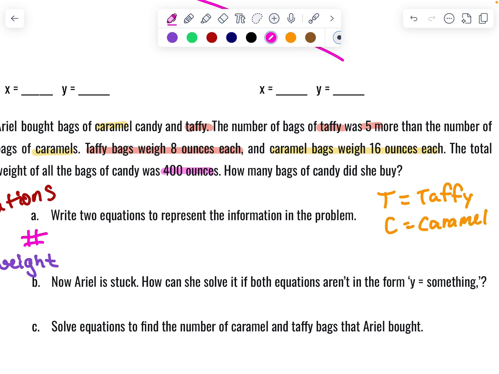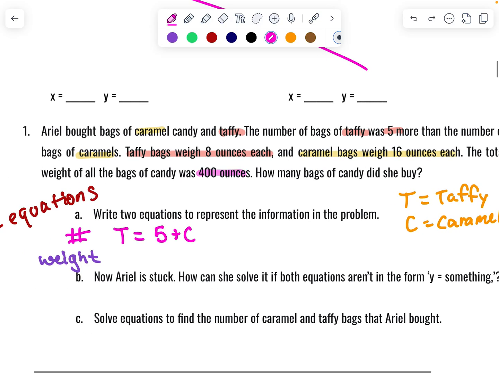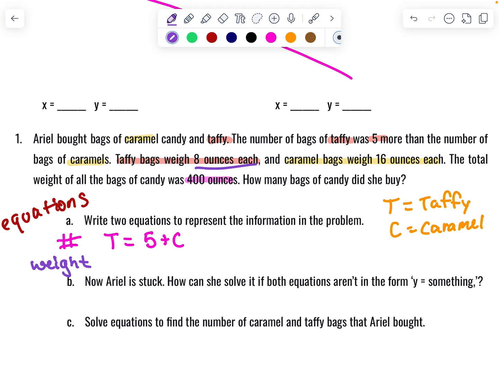What we can do for our equation is we bought, in terms of taffy, 5 more than the amount of caramel we bought. 5 more, so that's where that 5 is coming from, and then of caramel. So taffy, 5 more than caramel. That's our first equation. And then our second equation is about the ounces.